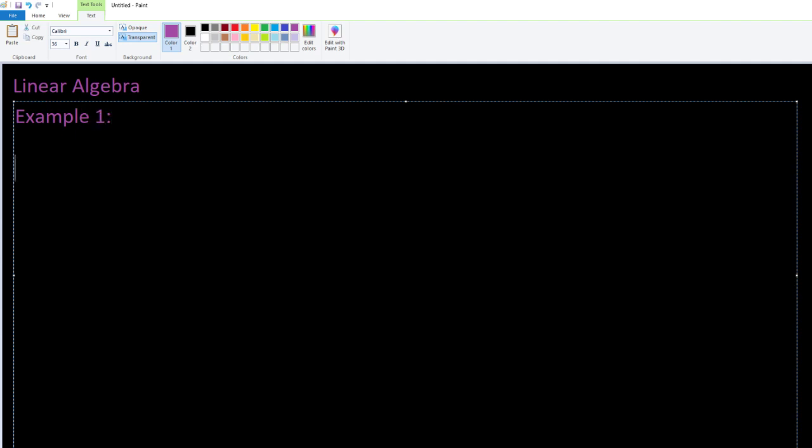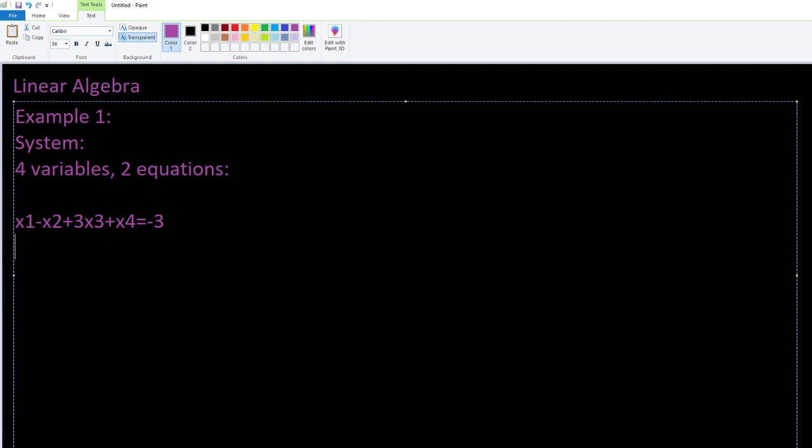Let's say we have this system here with 4 variables and 2 equations. Here are the equations. x1 minus x2 plus 3x3 plus x4 equals -3.